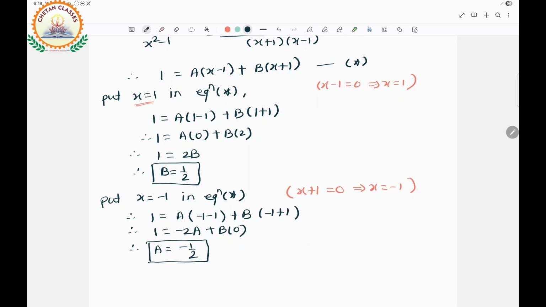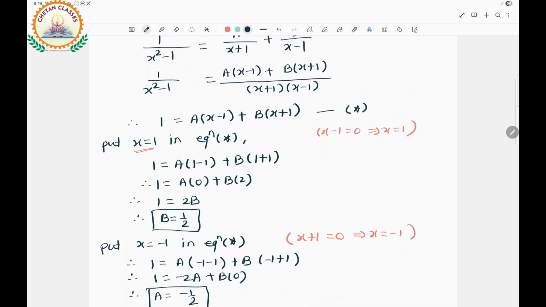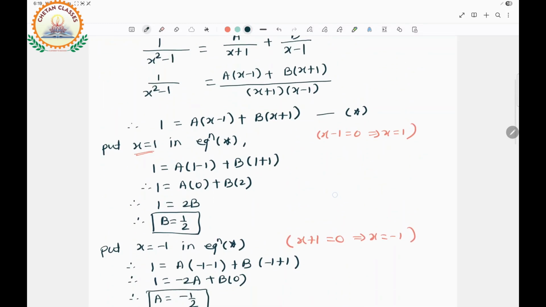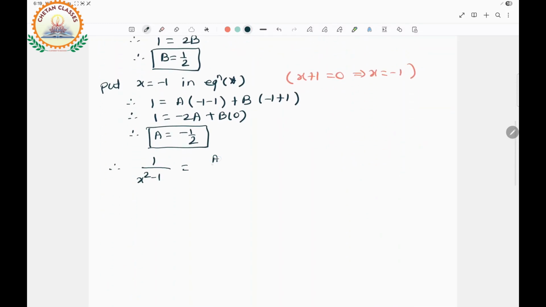Now, we got the values of a and b. So, substitute in above equation. So, we get 1 upon x square minus 1 is equal to a upon x plus 1 plus b upon x minus 1. A is minus half upon x plus 1 plus b is plus half upon x minus 1.